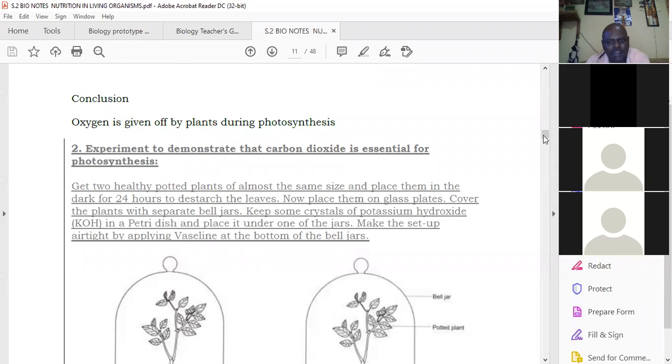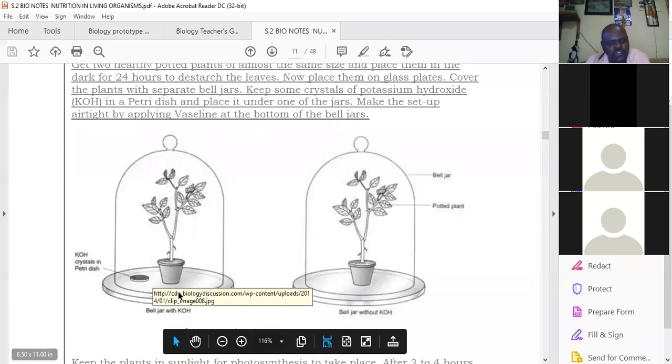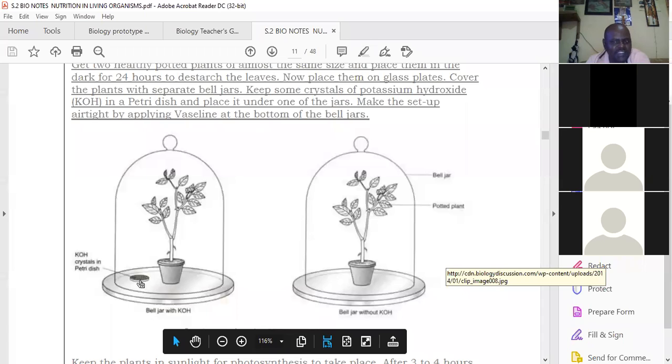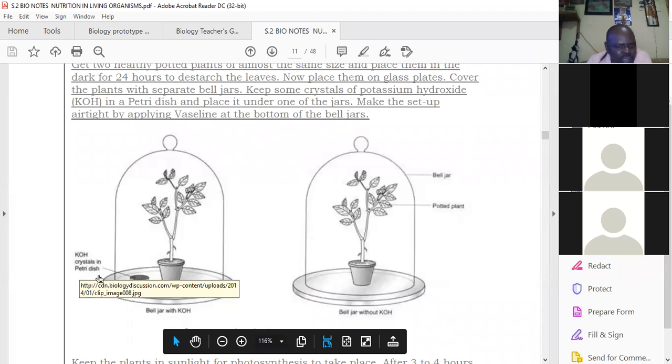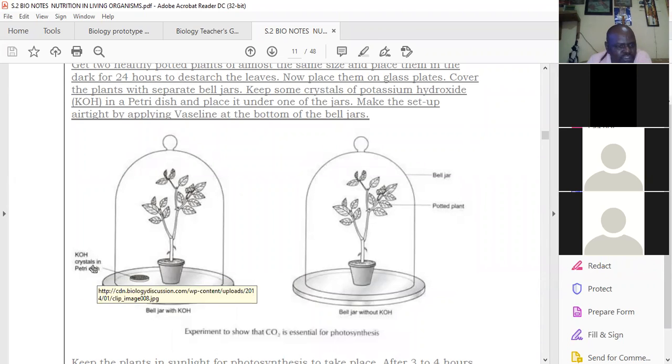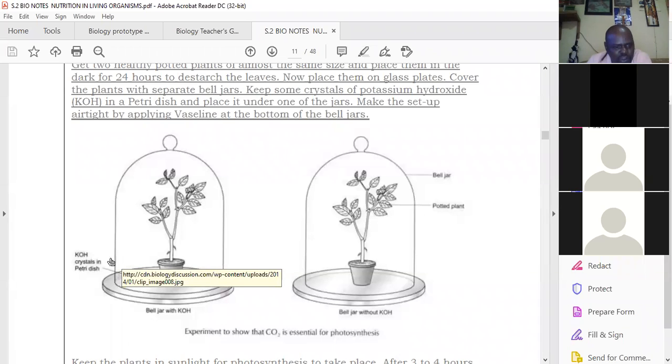That's why in our design, we emphasize how we can have carbon dioxide in the setup and no carbon dioxide. And in this case, to remove carbon dioxide from the setup, like in the first setup, that is why we have potassium hydroxide crystals in the petri dish. This potassium hydroxide, this potash, can absorb carbon dioxide all around.